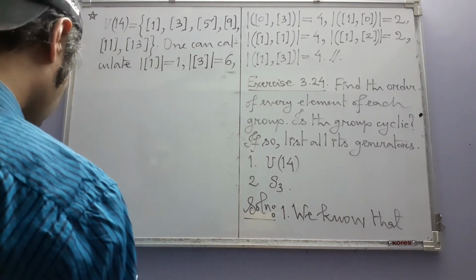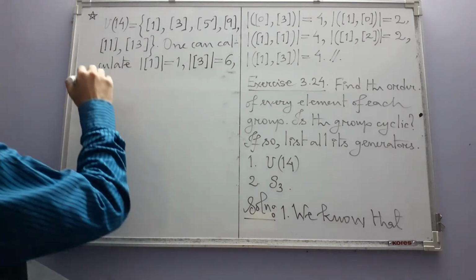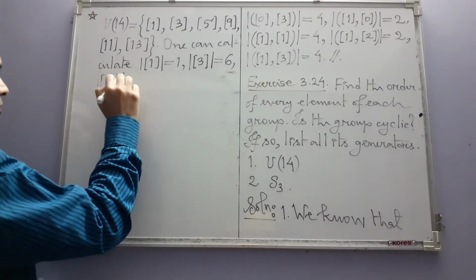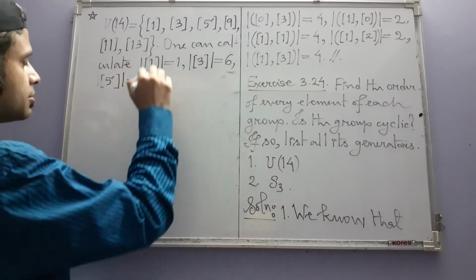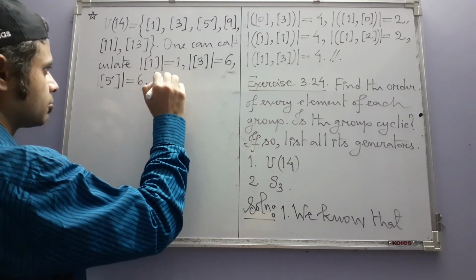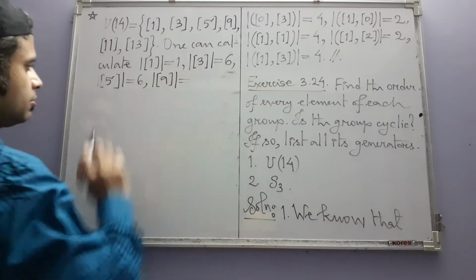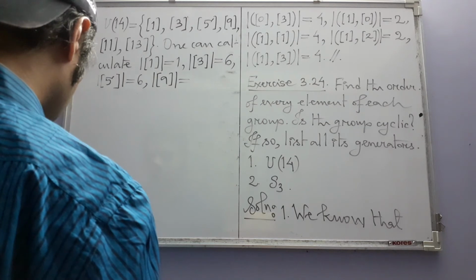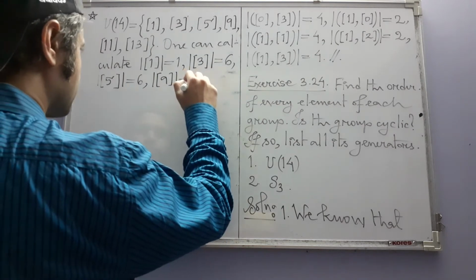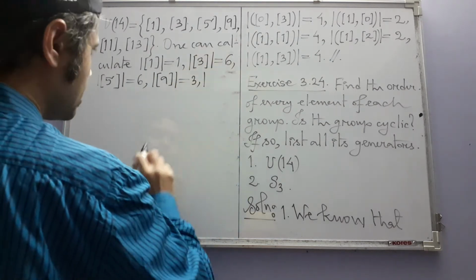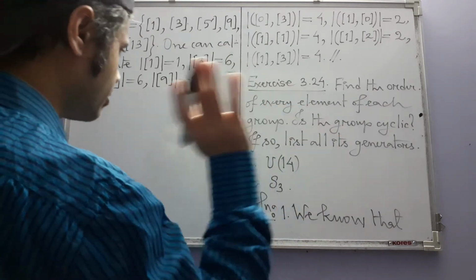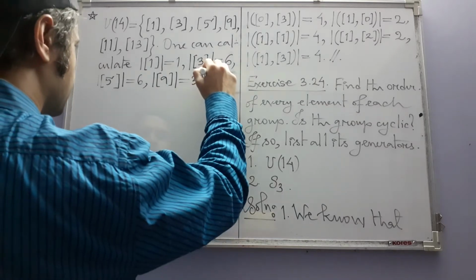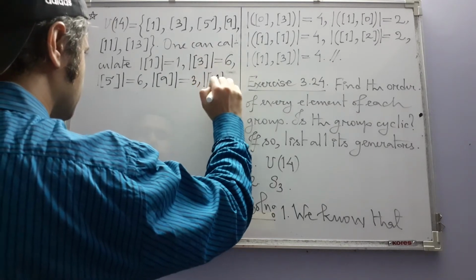Next, the order of the congruence class 5 also turns out to be 6. And this turns out to be 3. Since these are things I am just simply going on writing, it's your job to actually see whether what I am writing is in fact true.